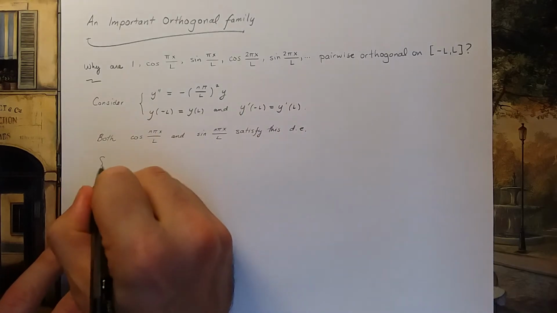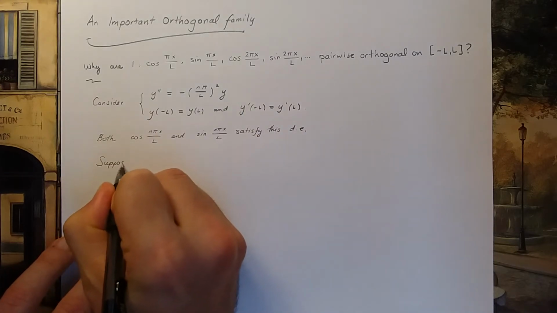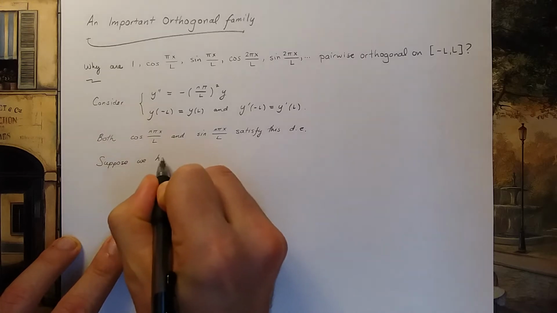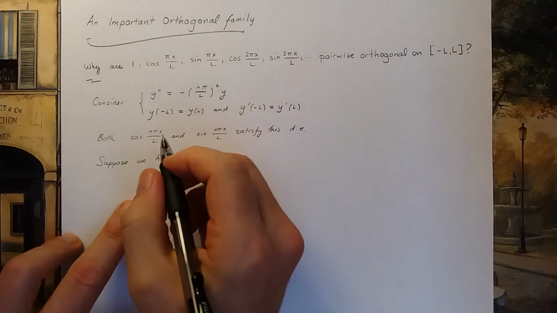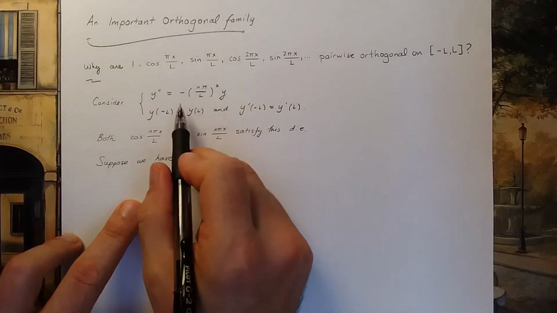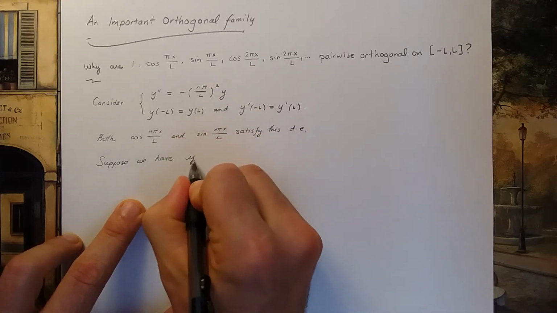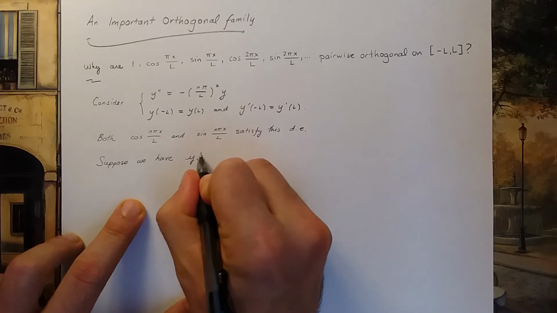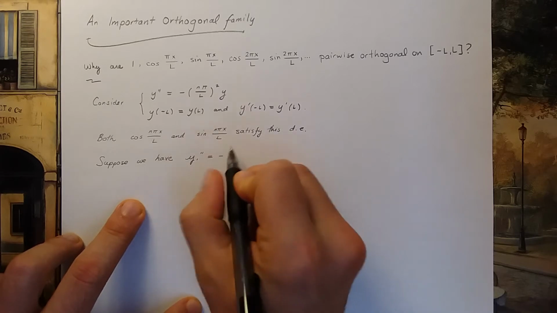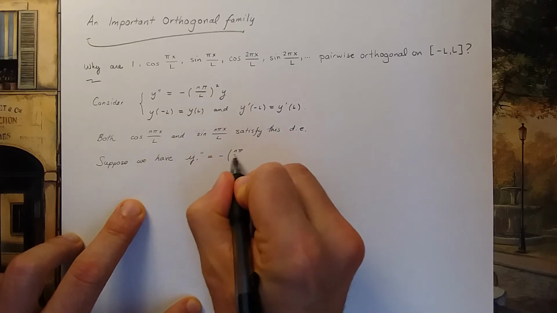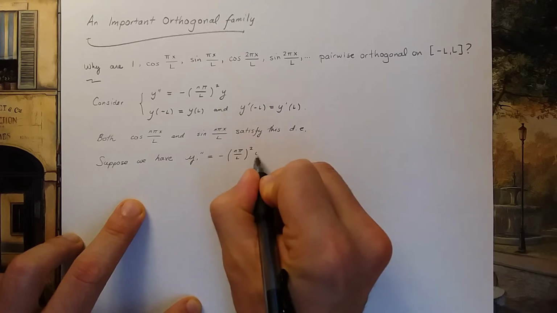So suppose we have two functions that satisfy something like this. Suppose y1 double prime is negative n pi over L squared times y1.